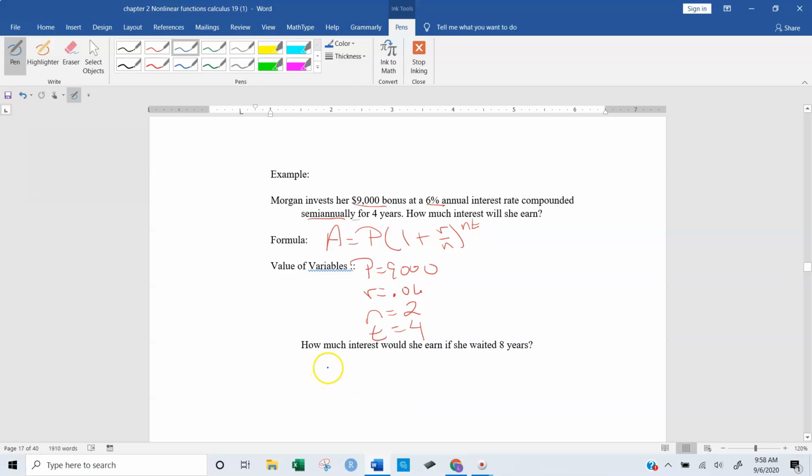So we're going to do A equals 9,000 times 1 plus 0.06 divided by 2, all to the NT, so 2 times how many years? 4 years. Oh, I am in the wrong spot, aren't I? Okay, we're going to do this 8 years underneath here.